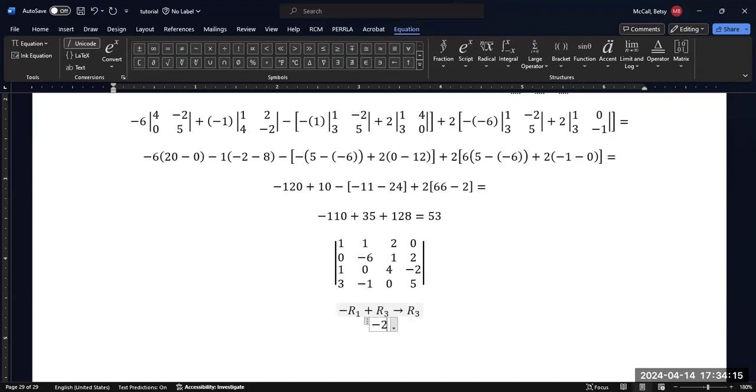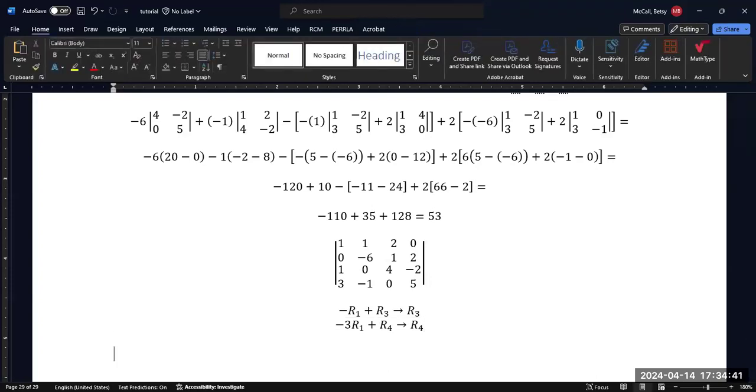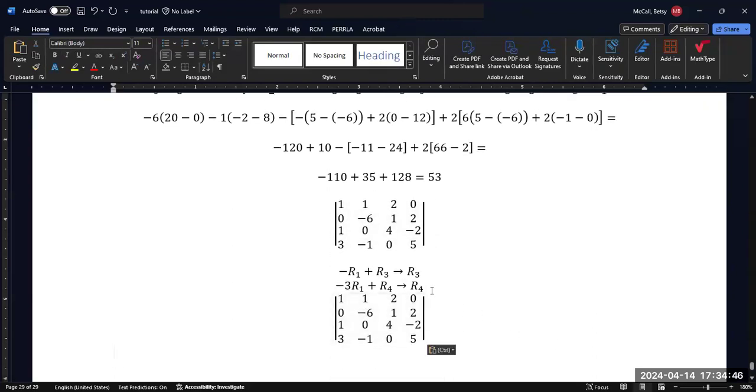And then minus 3 row 1 plus row 4 goes back to row 4. And again, the idea here is that I haven't multiplied row 4 by anything, so that does not change the determinant. It would only change the determinant in this case if I put it back into row 1.